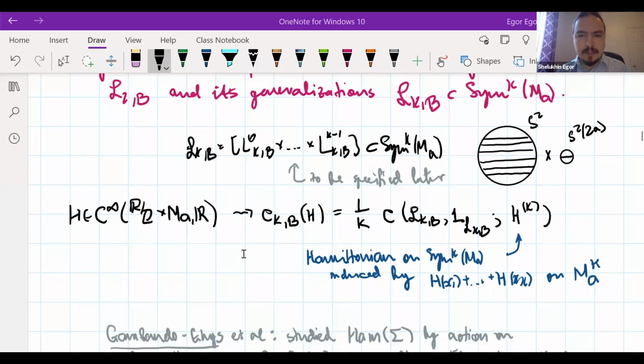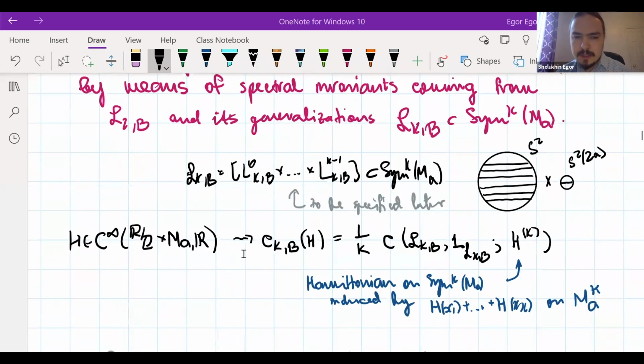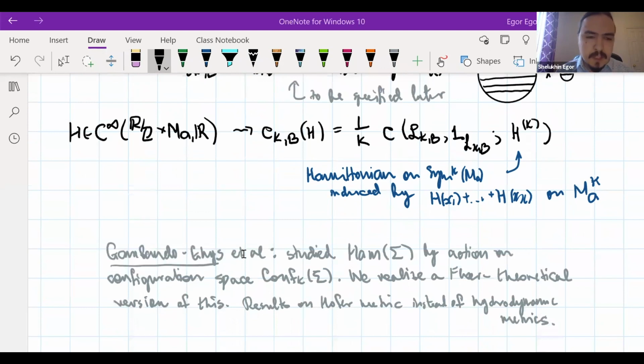Okay, and another way to think about this is that Gambaudo, Ghys and others have studied the Hamiltonian group of a surface by its action on the configuration space of, let's say, k points on the surface. And what we do is we realize a certain Floer theoretical version of this. Right?